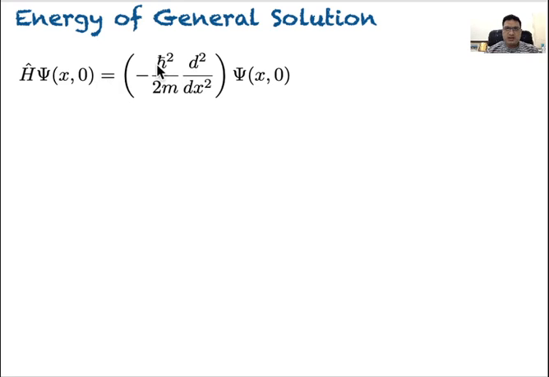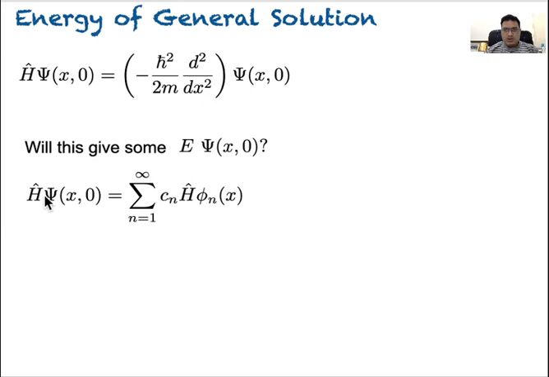So we have written minus h cross squared over 2m d2 over dx2 times psi of x, 0. Now we need to know what is E times psi of x, 0. So we can express this psi in terms of the phi, and as our Cn is a constant or coefficient, then we can take this Hamiltonian and operate on our phi n.